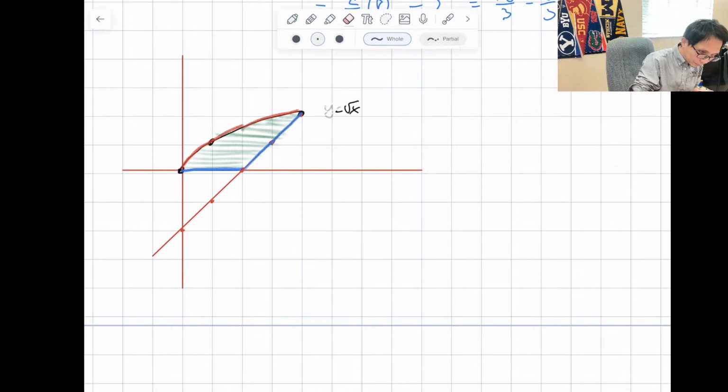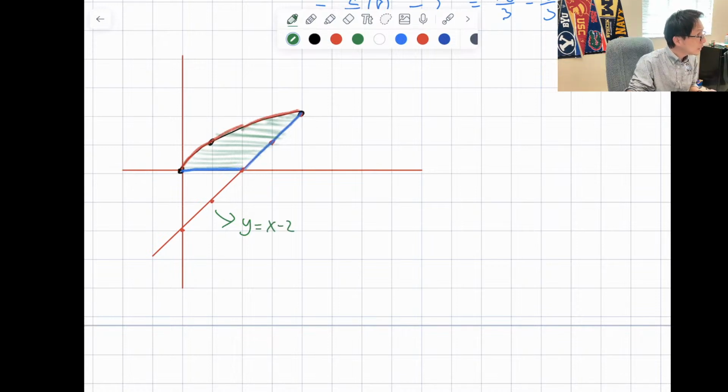I'm going to show you. What is this function? Y is equal to X minus 2, right? Now this is today's notes. X equals what if I solve for X? Y plus 2. Okay, X equals Y plus 2.